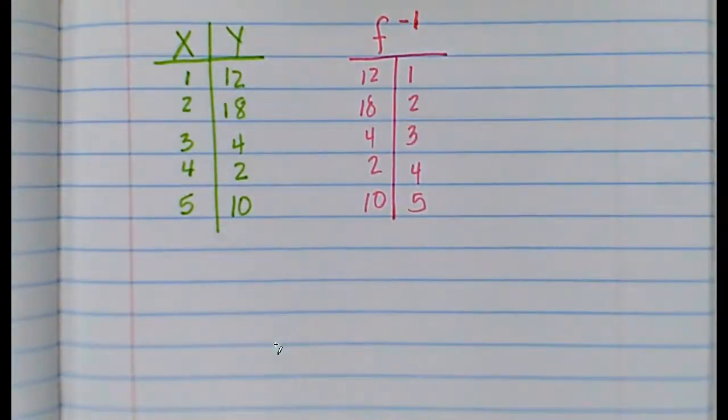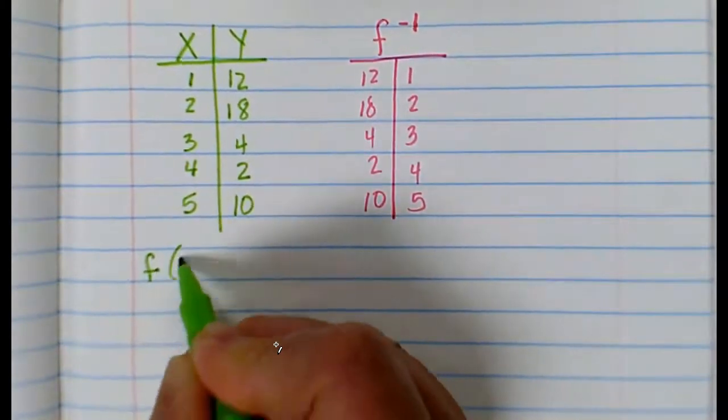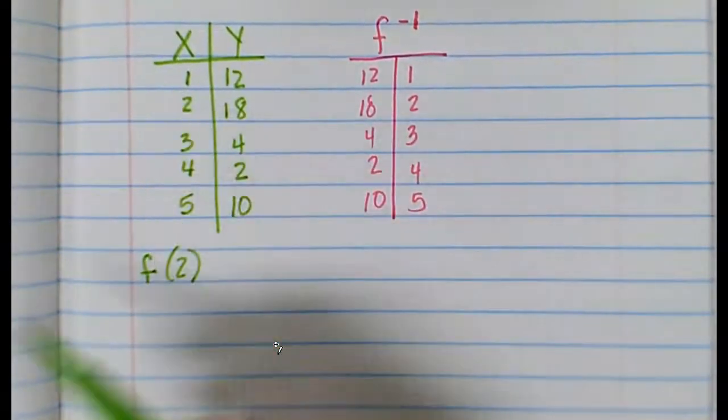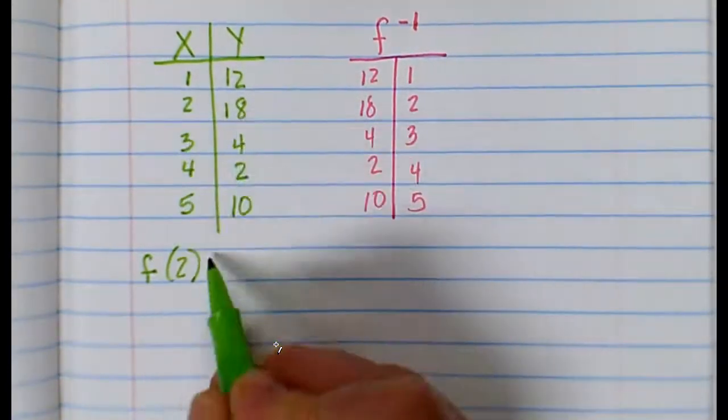What do you do to get an inverse? You switch the x and the y. So, if I'm just doing f of 2, do you remember how to do that? I look at 2 and what goes with it.